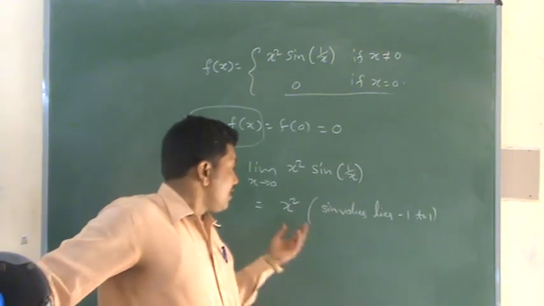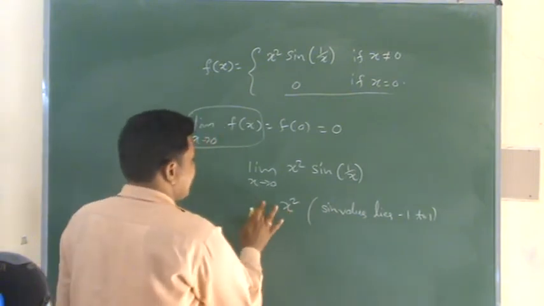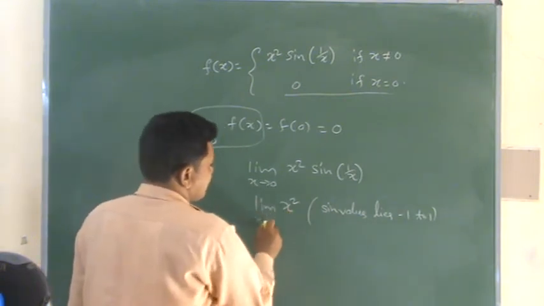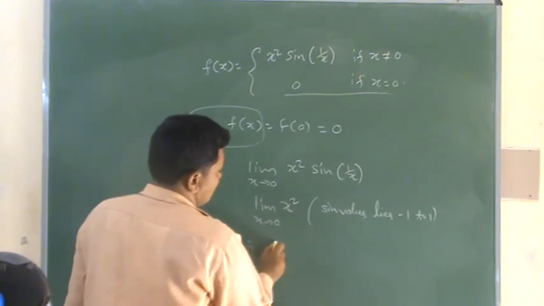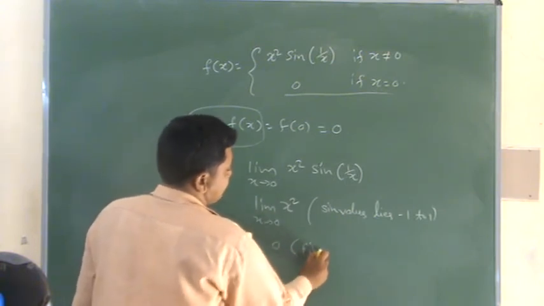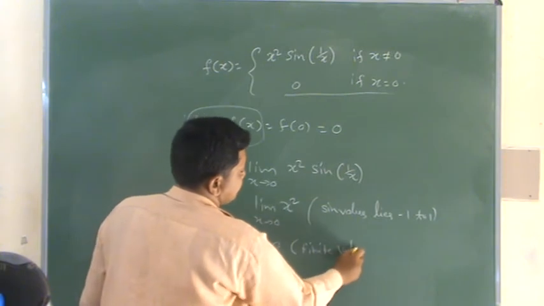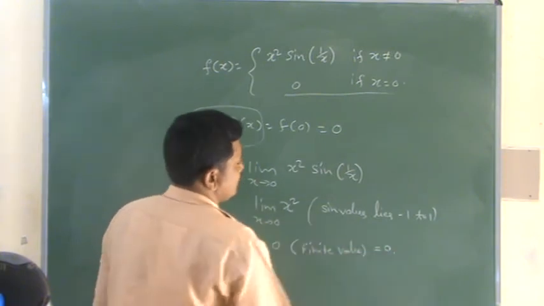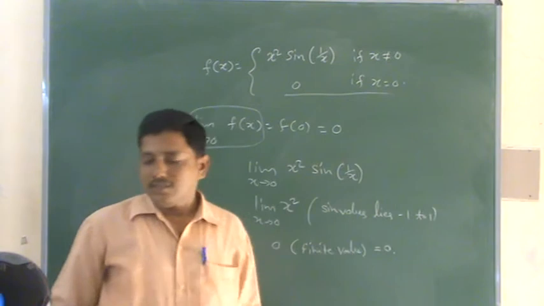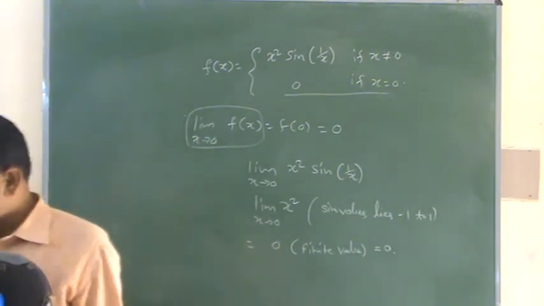That is finite. And here the limit will be 0, right? So 0 into a finite value is equal to 0. Therefore it is continuous.